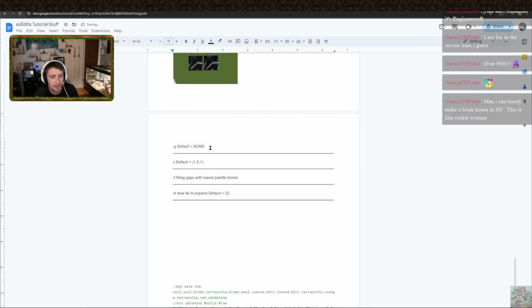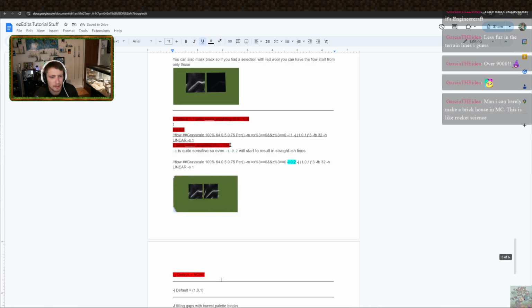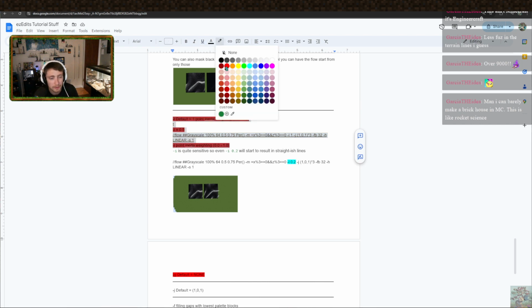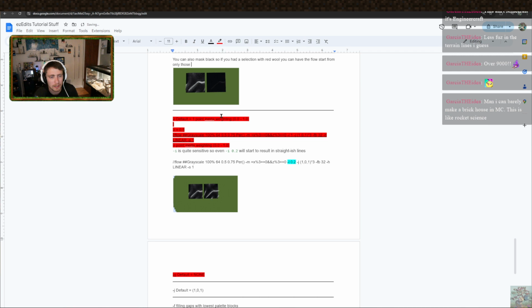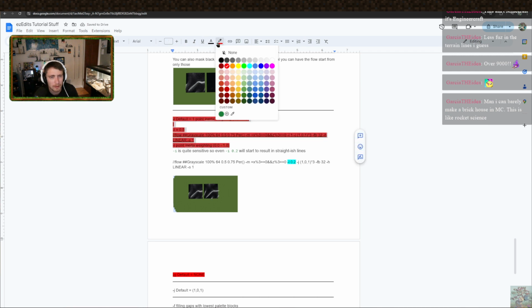Default none. Okay, so I think I'm gonna start. I'm gonna highlight this one red. And I'm gonna unhighlight this stuff red because now we kind of know what it does. We don't need to. Whoops. Undo that. Okay.